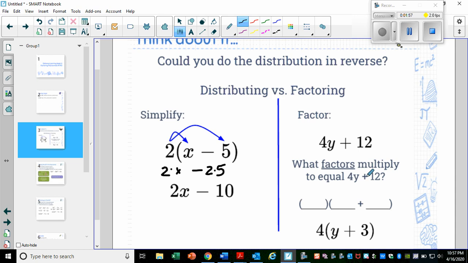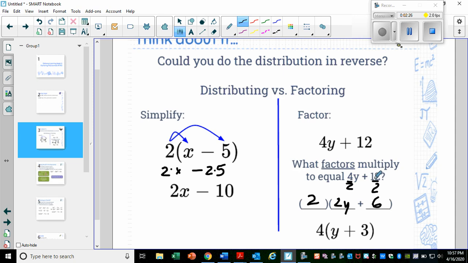That's obvious. We can divide by 2, divide by 2. So then you get 2 times 2y plus 6.